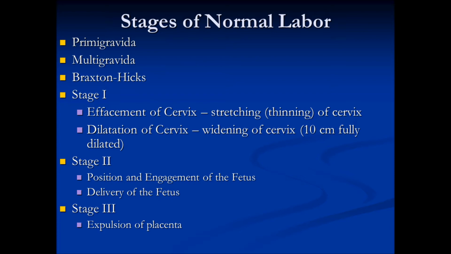After the delivery of the neonate, the uterus continues to contract, tearing the placenta loose from the walls. This may be assisted by placing the neonate at the mother's breast. It's another reason why we do this.